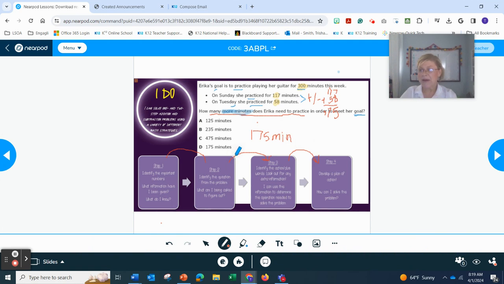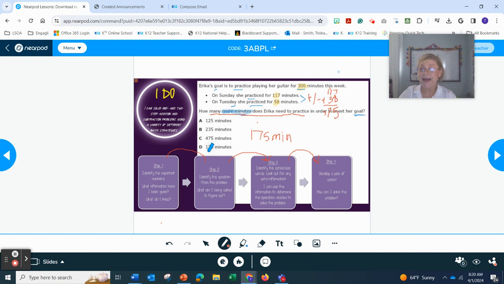So if I look right here, I see a 175 in my answer choices. Am I done? How many more minutes does Erica need to practice to meet her goal? Erica's goal is to practice playing her guitar for 300 minutes this week. On Sunday, she practiced for 117 minutes. On Tuesday, she practiced for 58 minutes. How many more minutes does she need to practice to meet her goal?